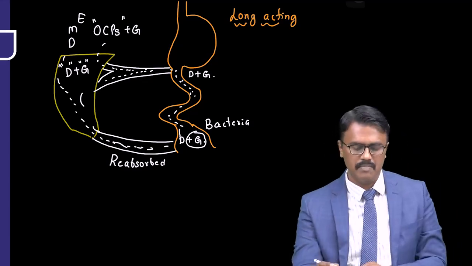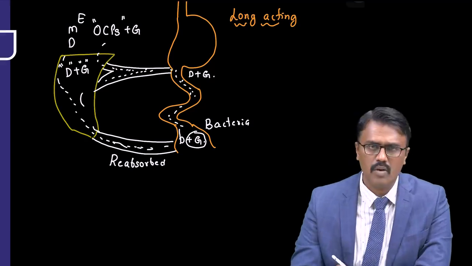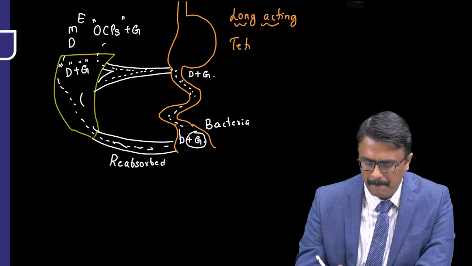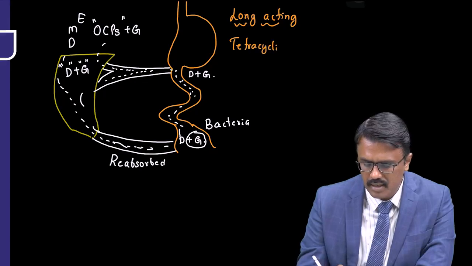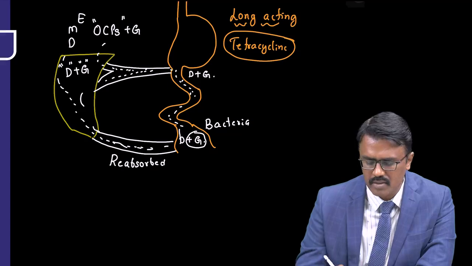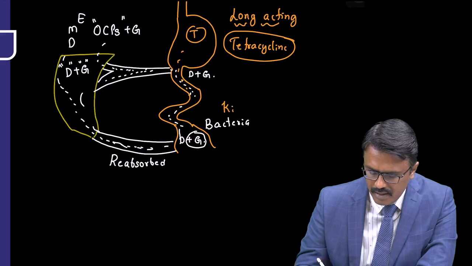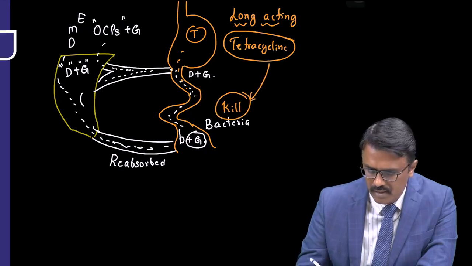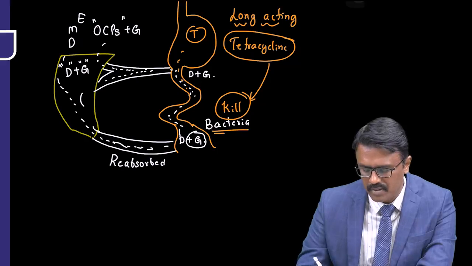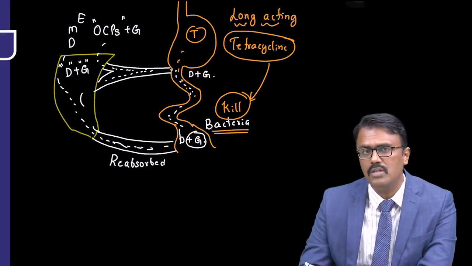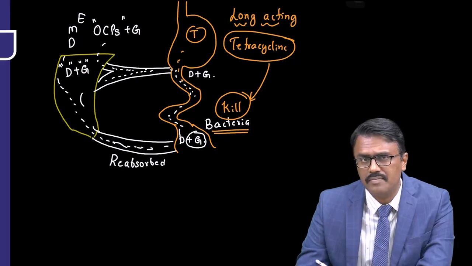Now, what is the problem? The problem is when the patient is on OCP and takes tetracycline. Now, tetracyclines are broad spectrum antimicrobials. So, when you take tetracycline, they also reach the intestine and they kill the bacteria. Now, what happens? You tell me, will the OCPs be longer acting or shorter acting?